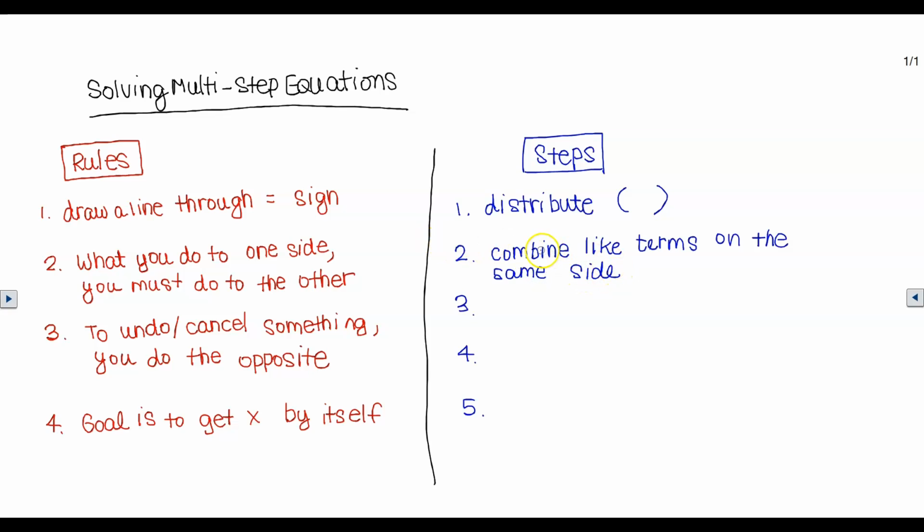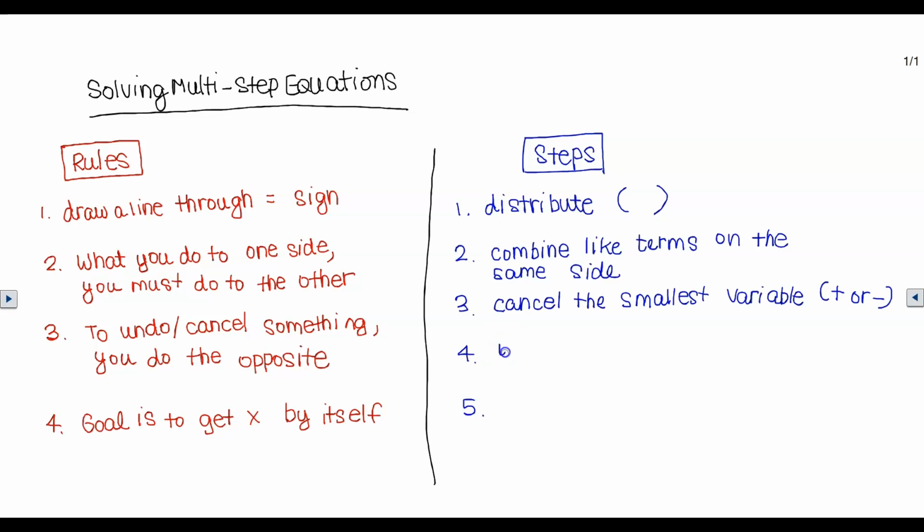And notice that says combine and not cancel. Step 3 is to cancel the smallest variable. And you'll remember that we add or subtract to do that.